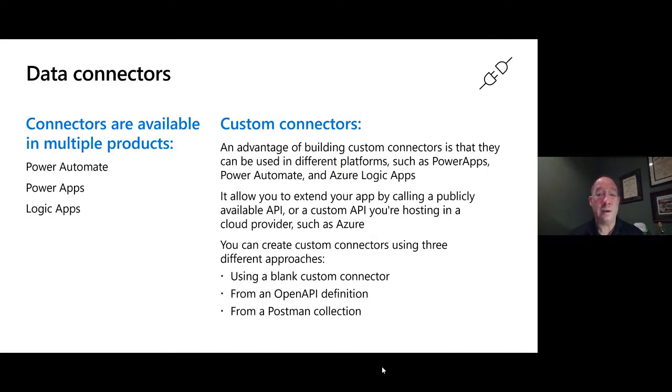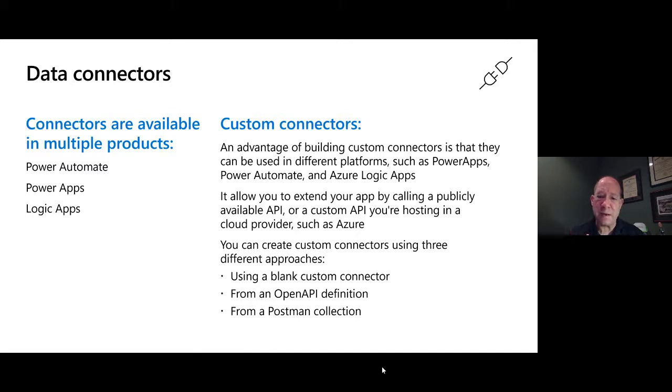Data connectors allow you to extend your business solutions across platforms and add functionality for your users. And the Power Platform, as I referenced earlier, has over 325 data connectors.